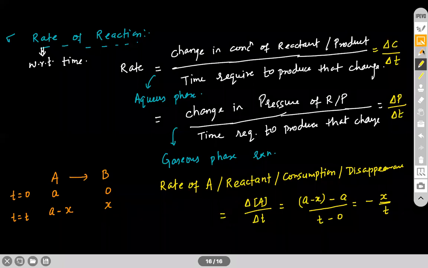Now one thing here, since we are writing down the rate of reactant and that we are getting negative, negative rate does not have any significance. To make this positive, we'll write down the negative sign here. We multiply the negative sign here, so this becomes positive. So what you need to understand, the rate of any reactant species we write, we always write negative of change in the concentration divided by time required to produce that change.